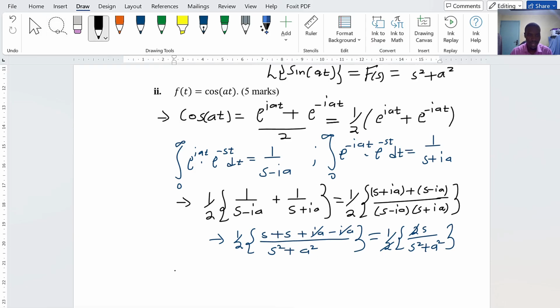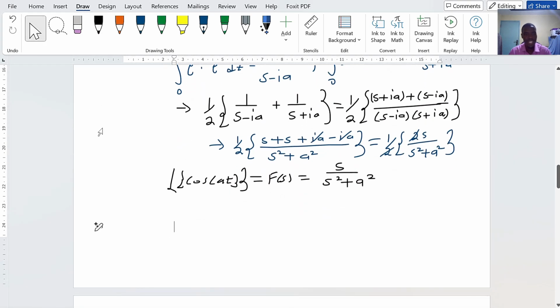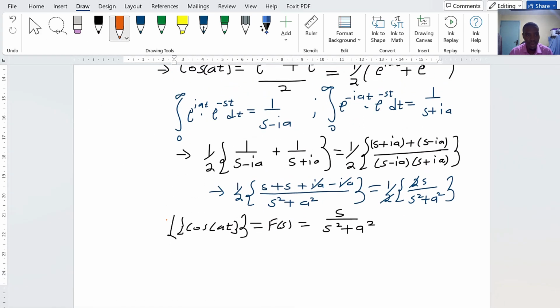So the Laplace transform of cos at is equal to F of s, which is s divided by s squared plus a squared. Very important derivations that we will apply.